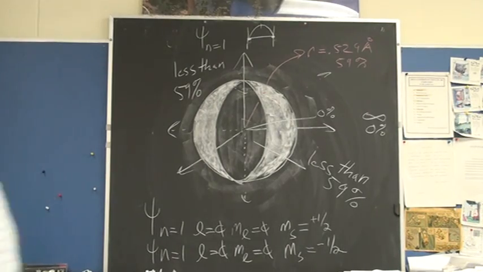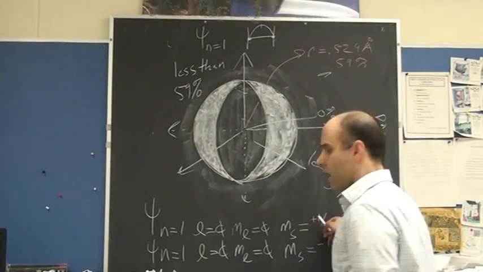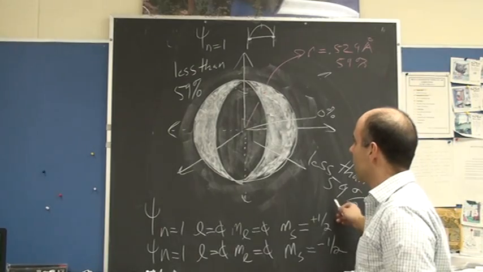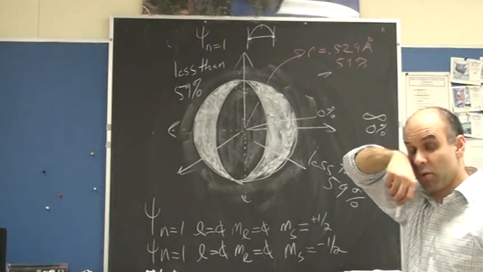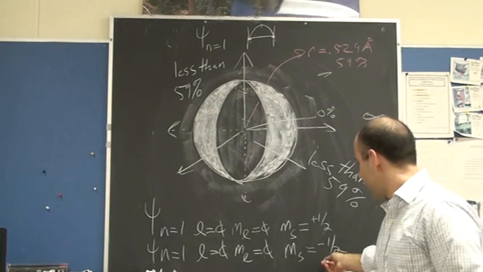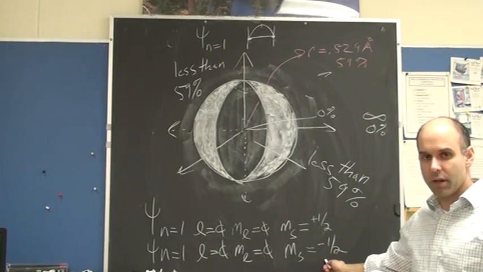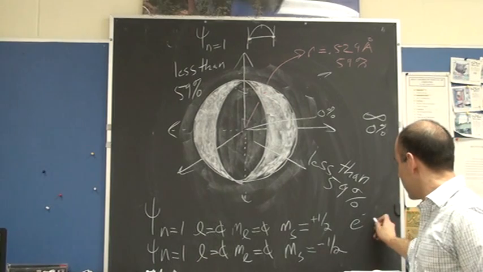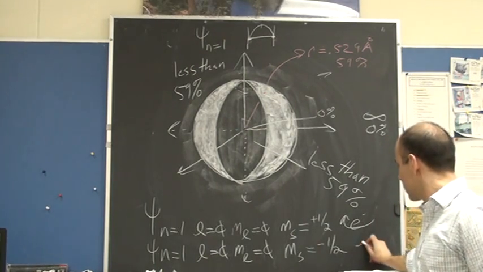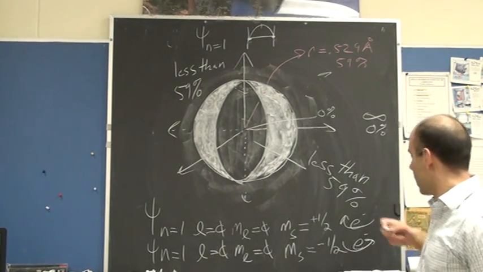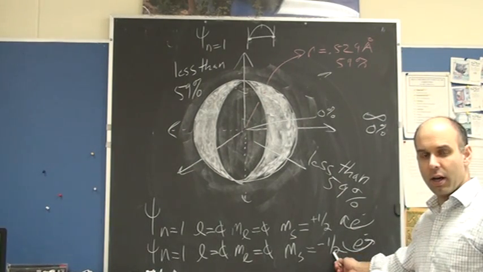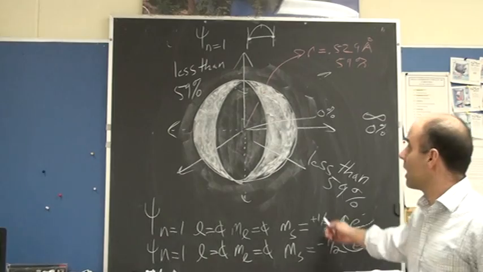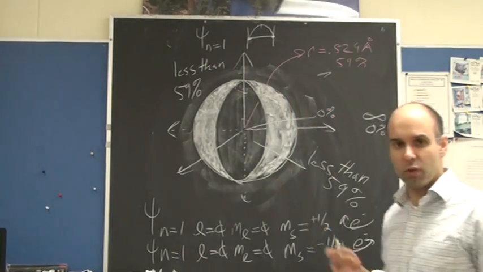So for an electron that's spinning clockwise, the greatest probability of finding it is 0.529 angstroms away. But for an electron that's spinning counterclockwise, the probability of finding a different electron is also 0.529 angstroms away.